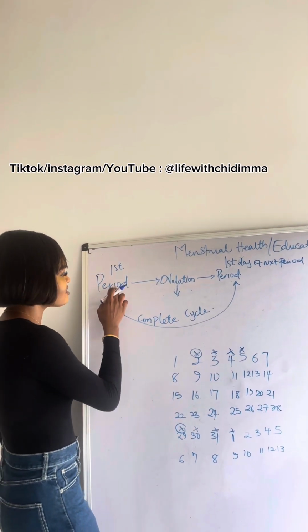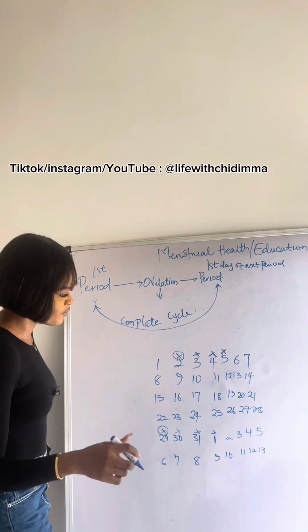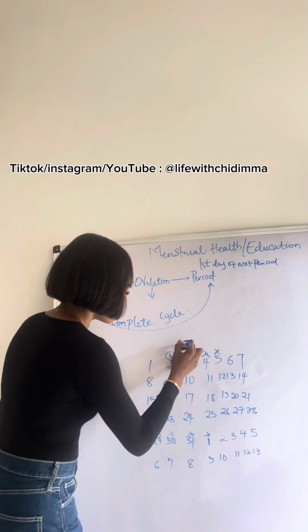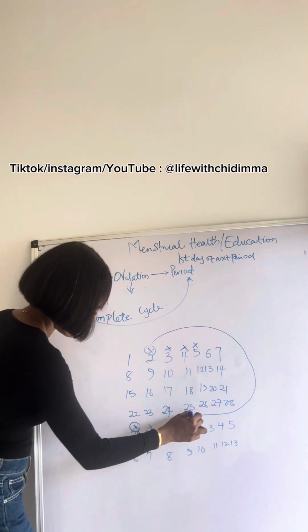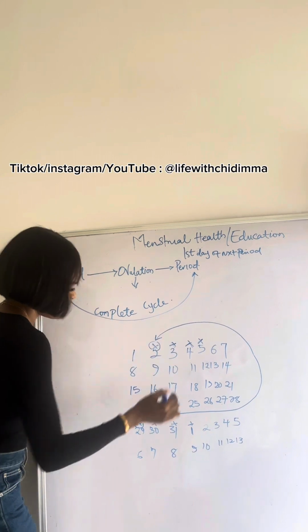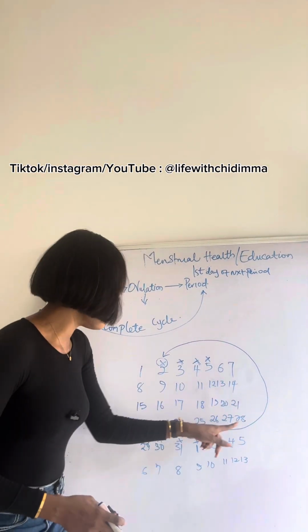If this is from your first period to the first day of your next period, from my former video, you will see that your complete cycle will go from this second, go round and end at this 29th. So from here, count like this, count like this, count like this.